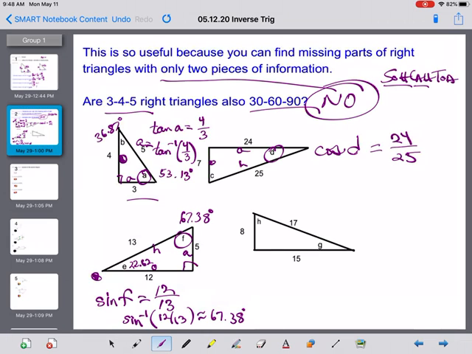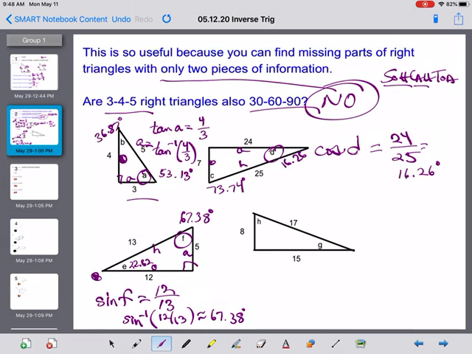Okay, calculator, inverse cosine 24/25. 16.26. Okay. And then for C, 180 minus 90 minus 16.26. Again, you could use another trig ratio if you want to get this side angle.